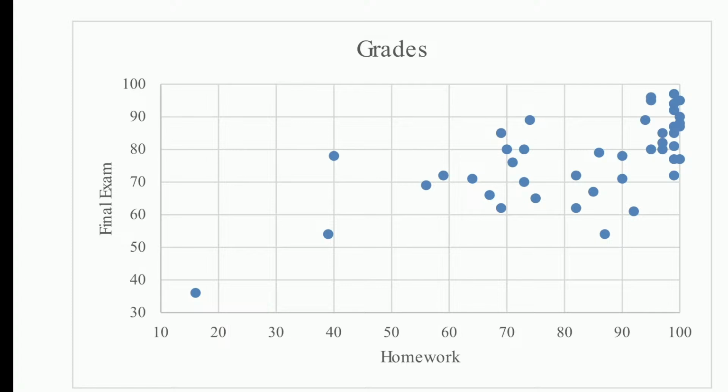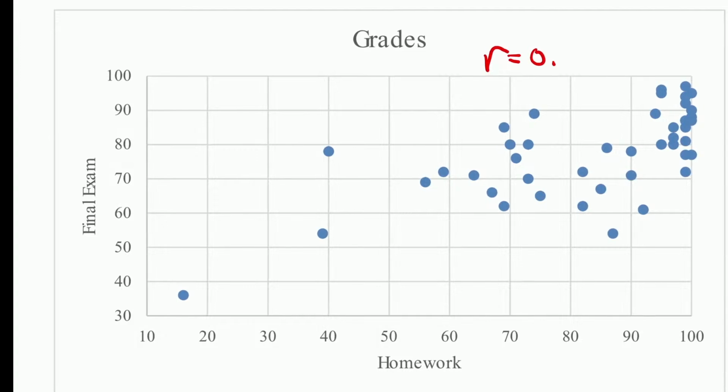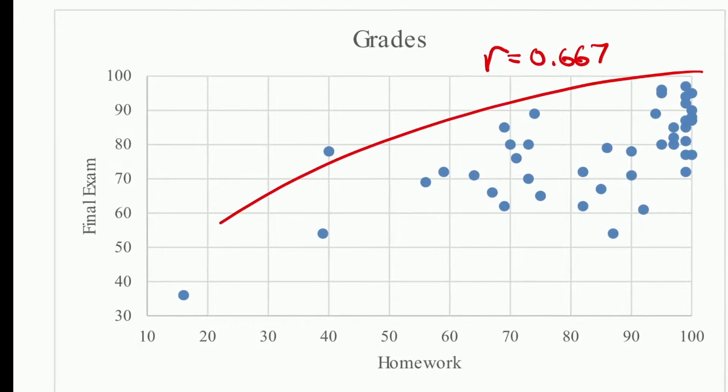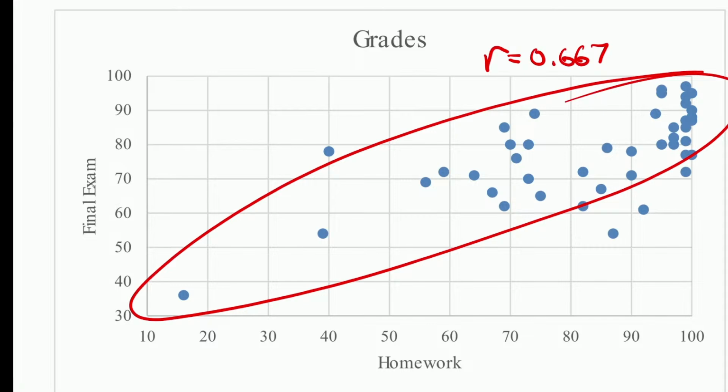I computed it earlier. This is for the homework and final exam for that class that I told you about from 5 years ago. This actually has a correlation coefficient of 0.667. It's because, in general, you can see things are moving upward, but there's some spread.